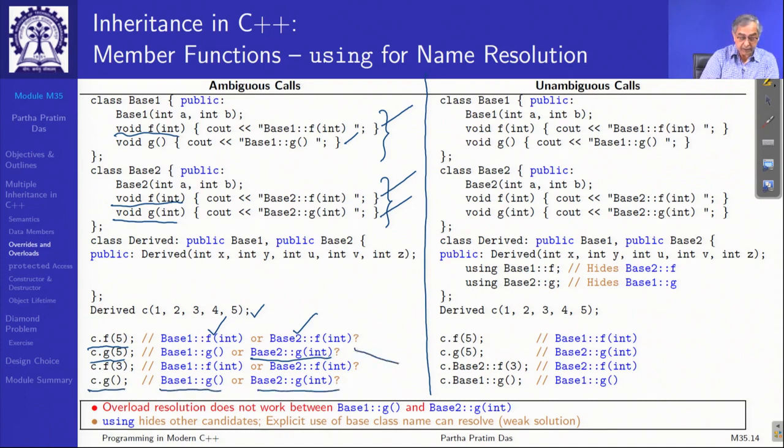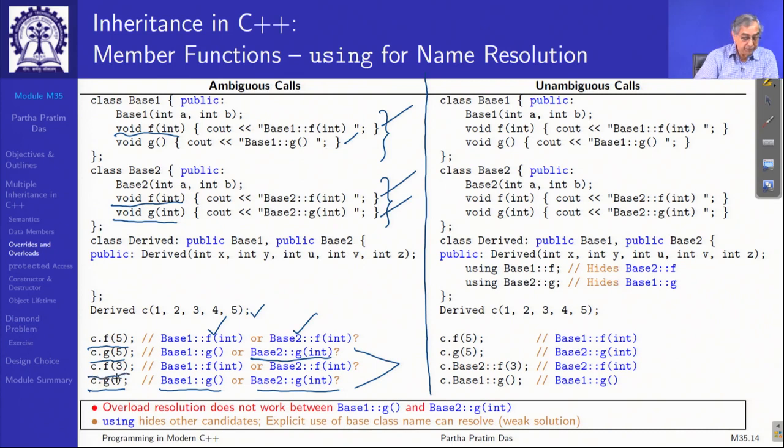So, in these two cases, will the compiler be able to resolve rightly just based on the fact that the signatures are different? So, you have two g functions in derived which are not overloads in derived, but they are kind of coming in the form of overload from the two bases.